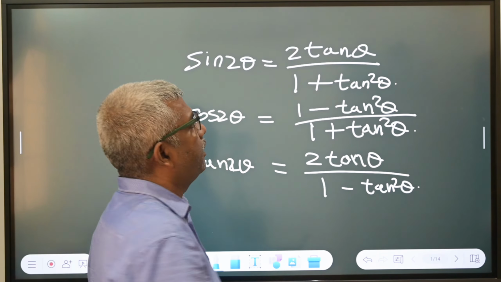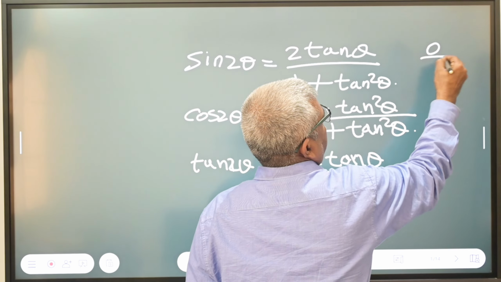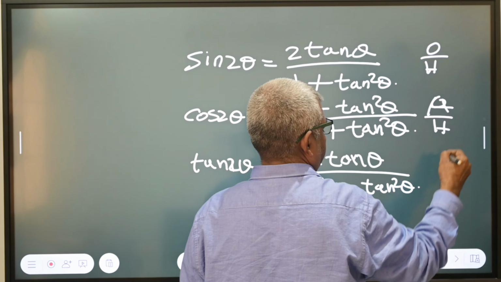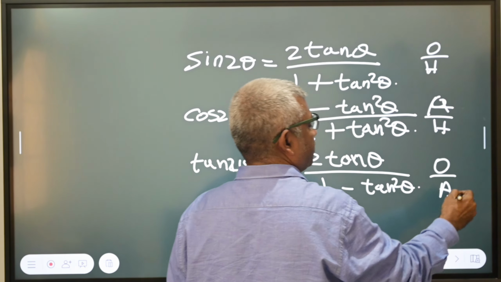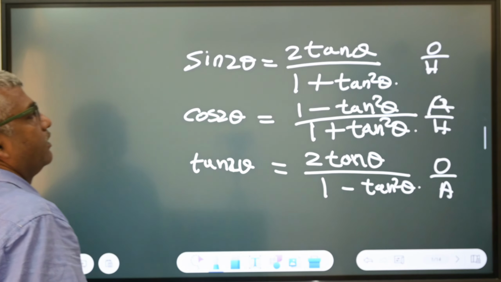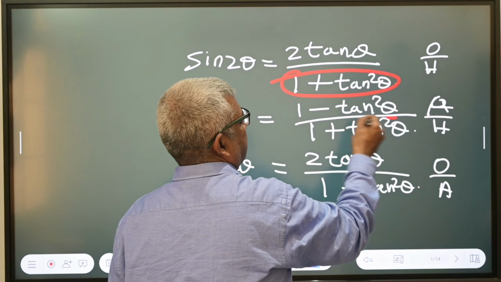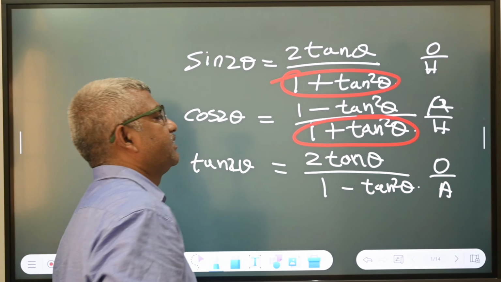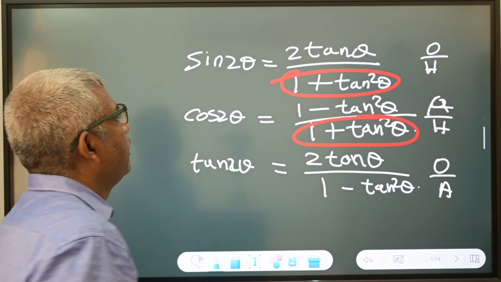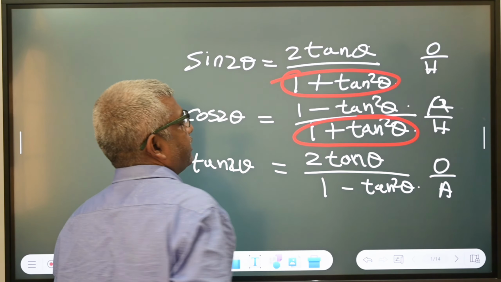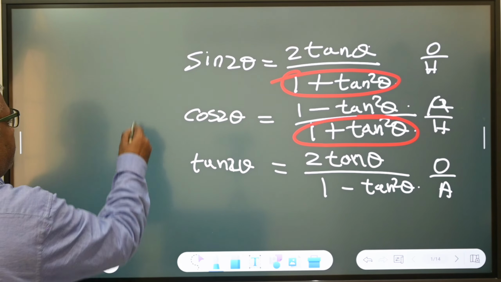Just one thing to remember. What is sin theta? Opposite over hypotenuse. Cos theta, adjacent over hypotenuse. Tan theta, opposite over adjacent. Hypotenuse is 1 plus tan square theta. See here, opposite is 2 tan theta, adjacent is 1 minus tan square theta.